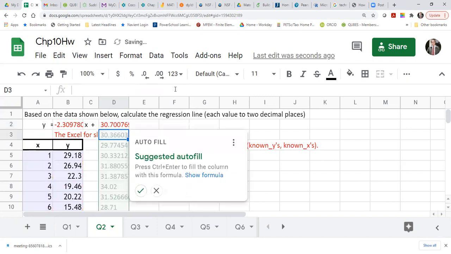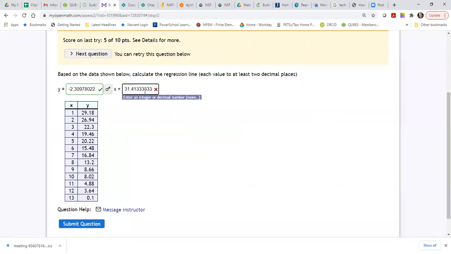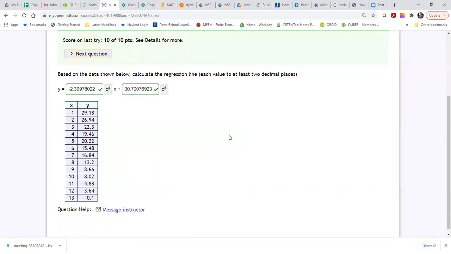Now this is okay. So make sure you change the range of the data for the slope and also for the intercept.